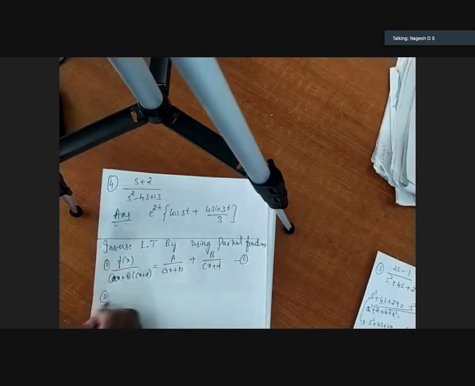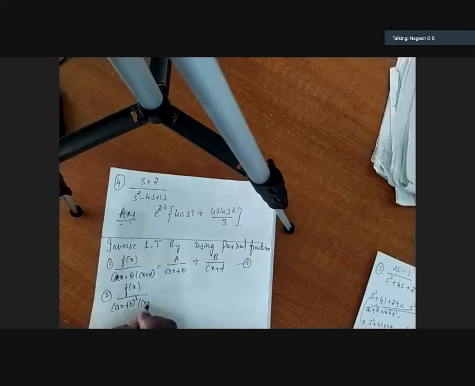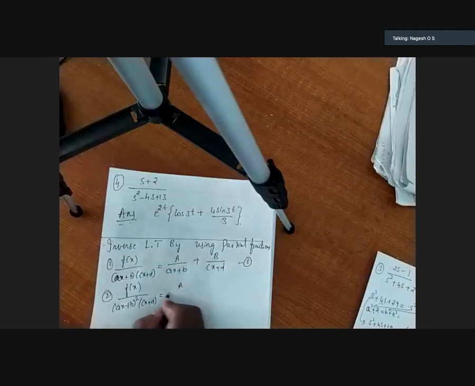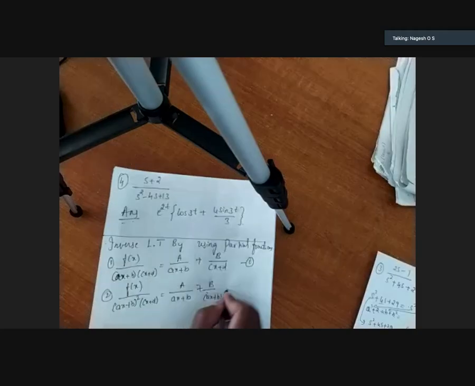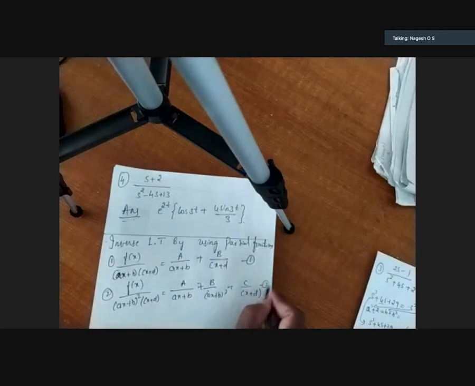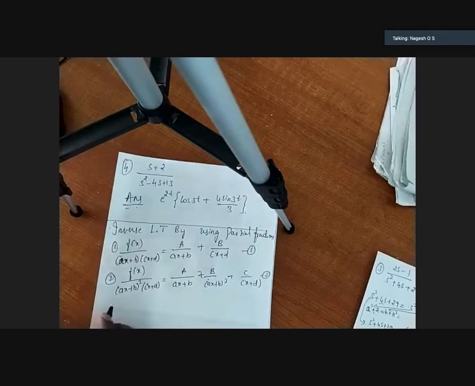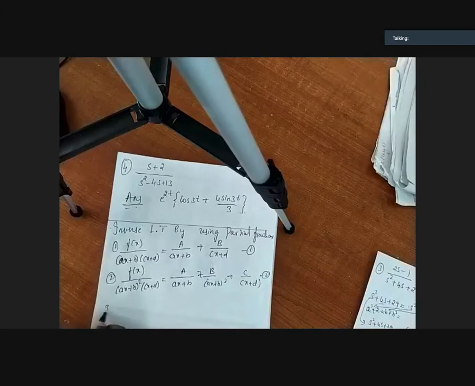Or if we have f of x divided by (ax plus b) whole square into (cx plus d), then we write A by (ax plus b) plus B by (ax plus b) whole square plus C by (cx plus d). This is the second one. So you know this. We did many problems on partial fractions.